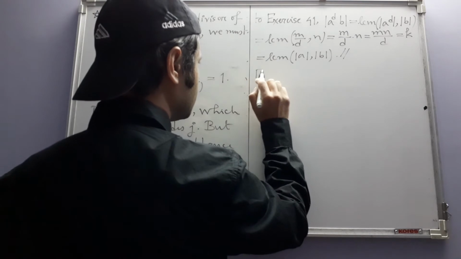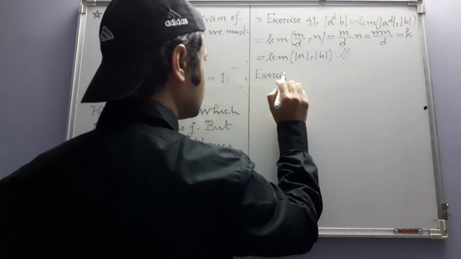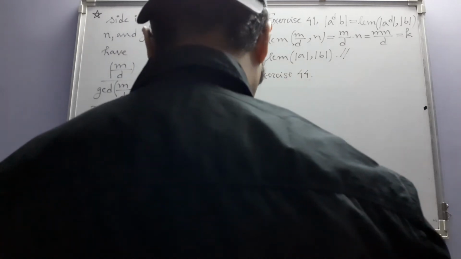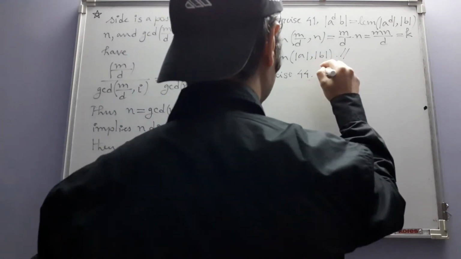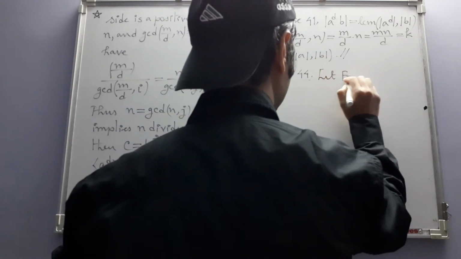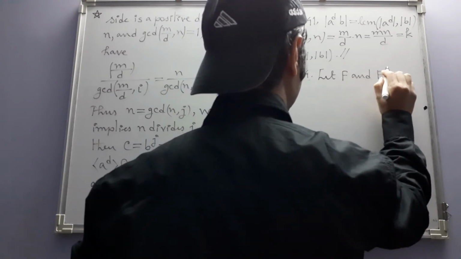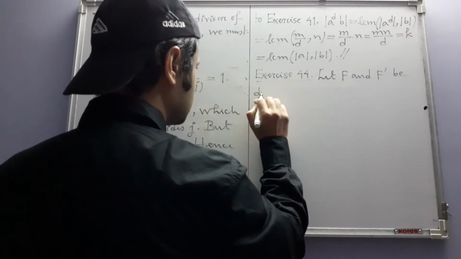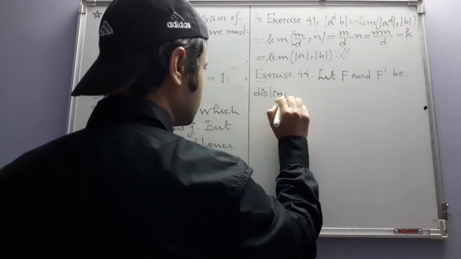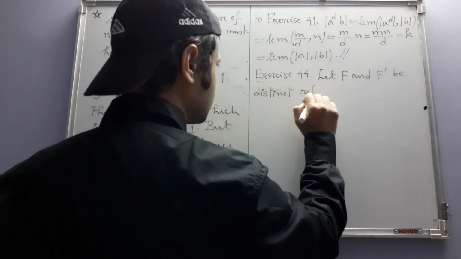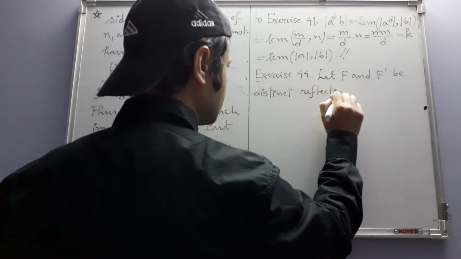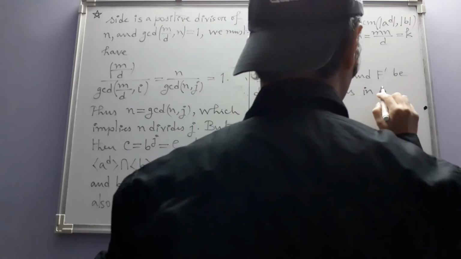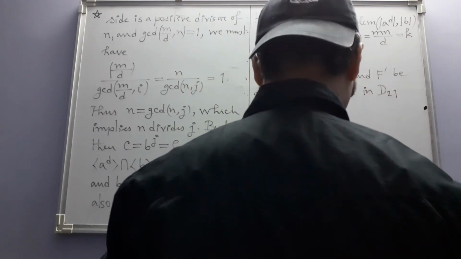Then exercise 44. Let f and f prime be distinct reflections in a dihedral group, in this dihedral group D21.